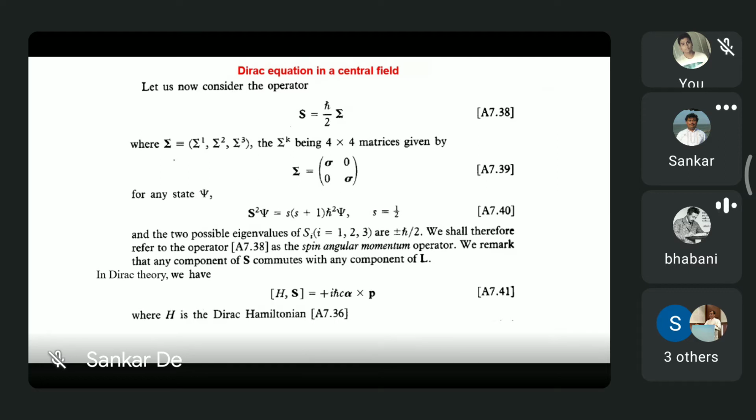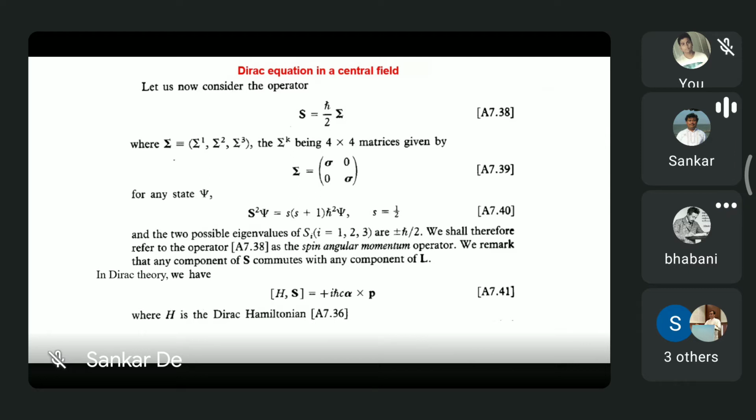Some sigma h is defined as S·P by the magnitude of P, which measures the longitudinal component of the spin of the particle, or the projection of the spin along the direction of motion. This is known as the helicity operator, and this commutes with the Dirac Hamiltonian, H equals α·p plus βm, where I put c equal to 1.